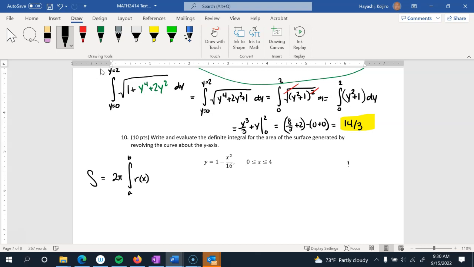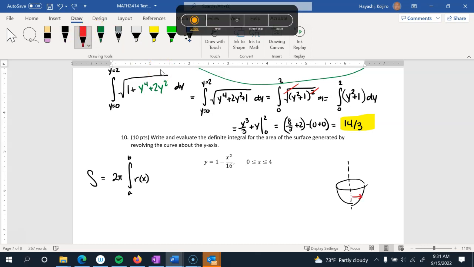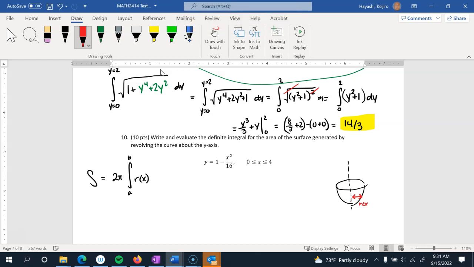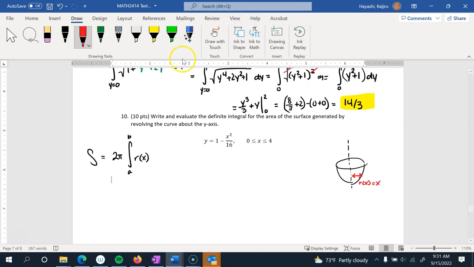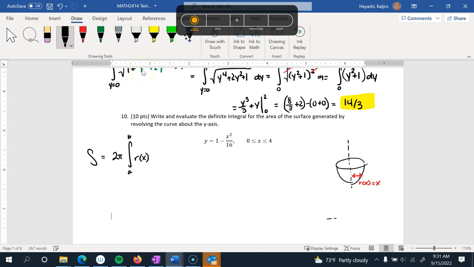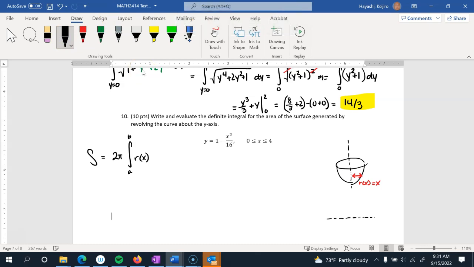If you're rotating around a vertical axis, for example, you got some kind of shape like this. That radius is just x, if it's a horizontal radius, but you're still doing it dx, so you end up with something like this.